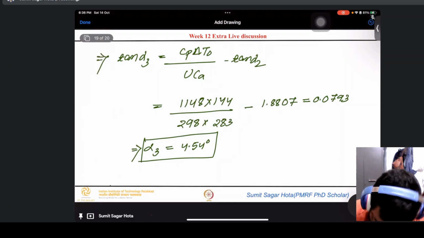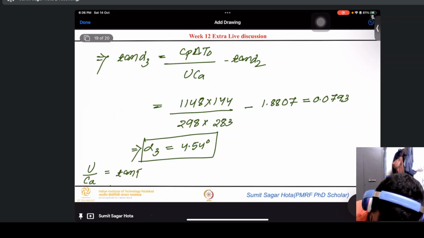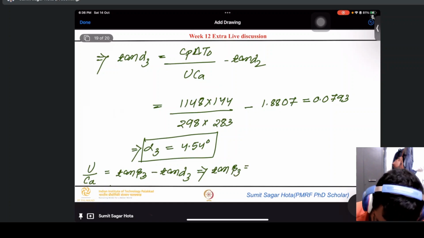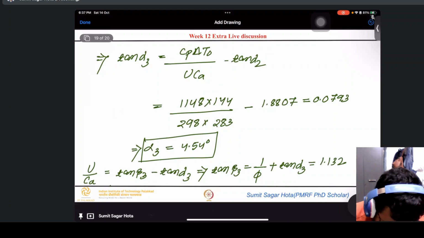Now if you have alpha 3, then U by Ca is equal to tan beta 3 minus tan alpha 3, which implies tan beta 3 is equal to 1 by 5 plus tan alpha 3 is equal to 1.132.